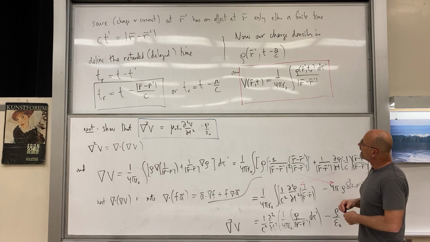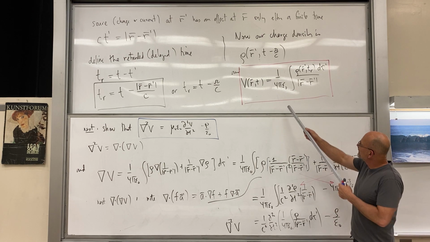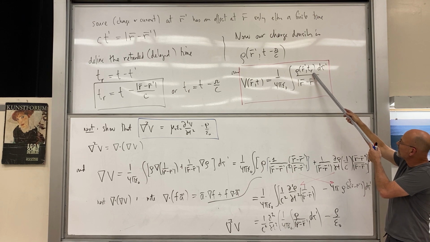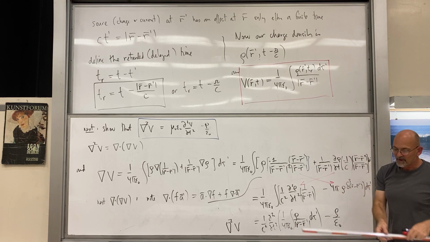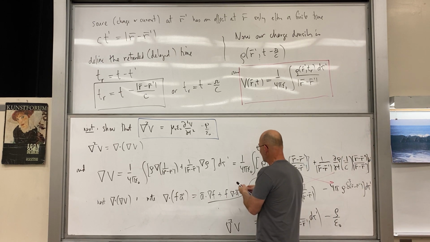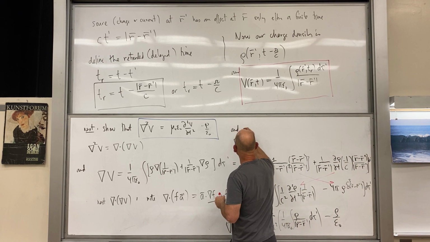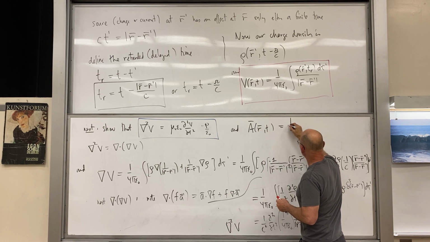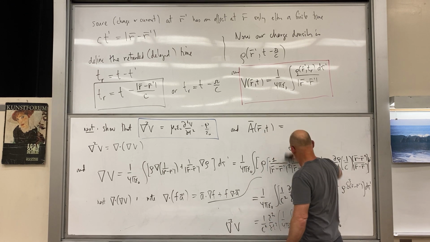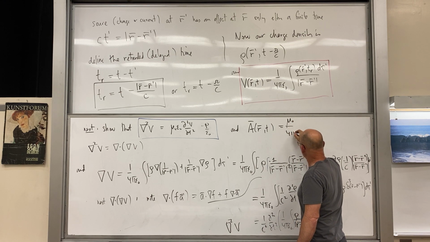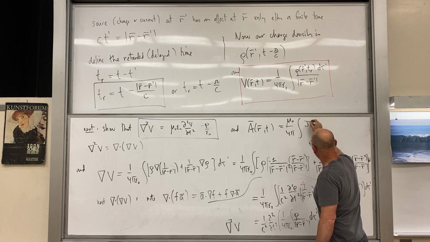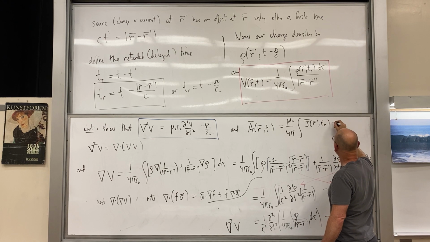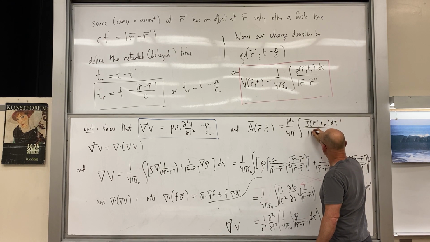Okay, good, and that is what we set out to show, so that now we know that this is the potential, the retarded potential is what it's called, and then we also have the same thing for A. So A of R and T is equal to mu naught over 4 pi integral J of R prime, T sub R, d tau prime, over R minus R prime.